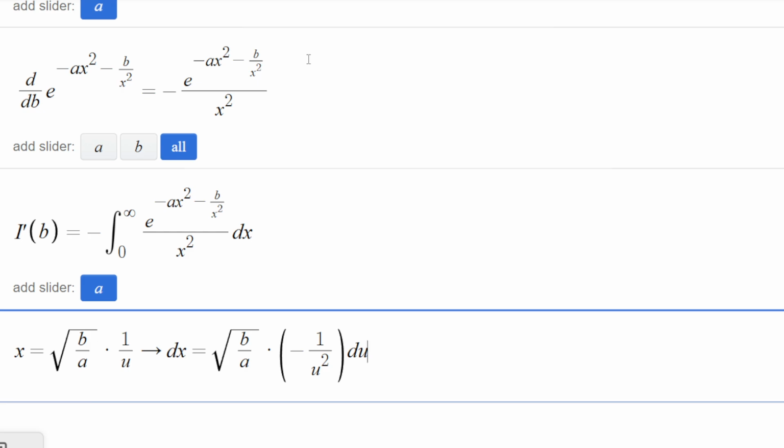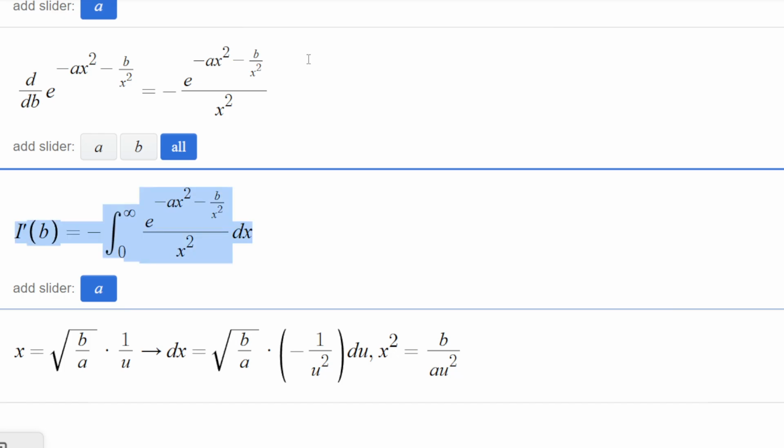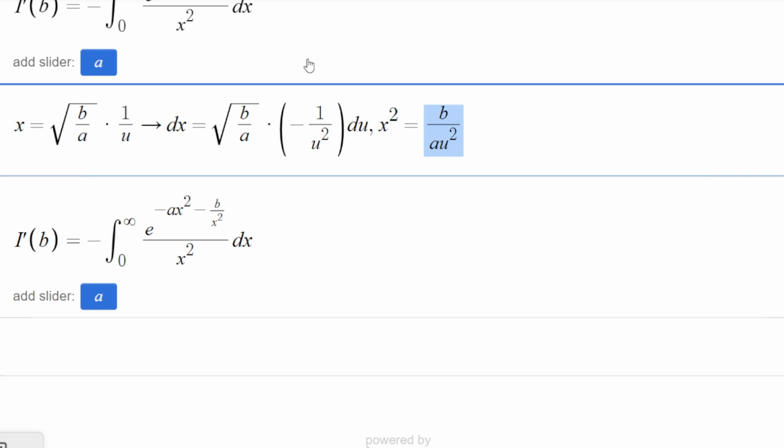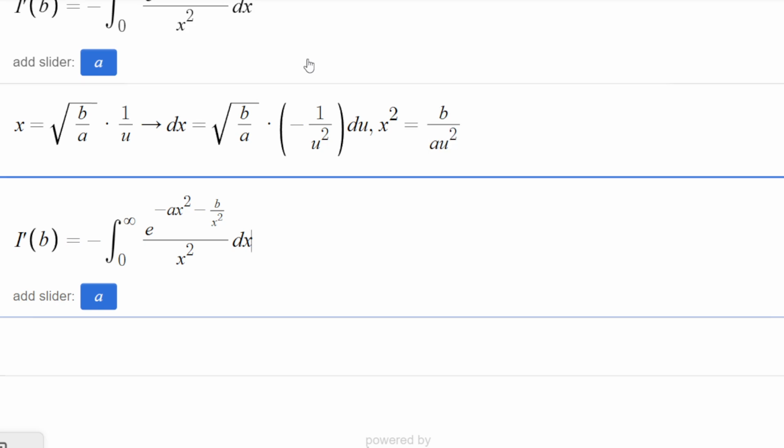And also, it means that x squared is going to equal b over a u squared. All right, let's plug in our substitution here. All our x squareds just become b over a u squared.